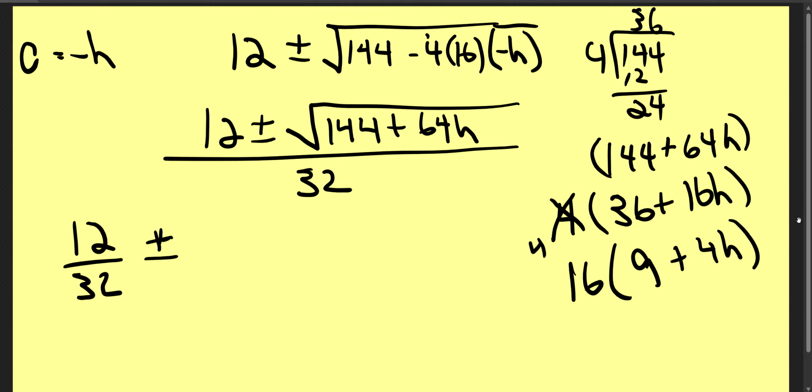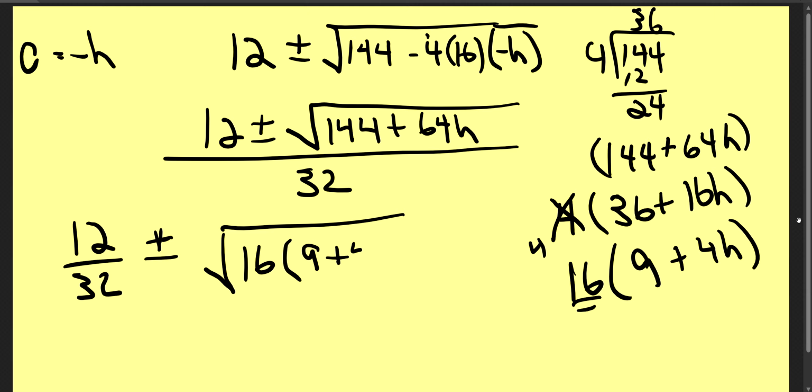Now this is all under the radical sign. Under 144 plus 64h, here it's the square root, and then I'm going to have this 16 that I factored out, and what's left is 9 plus 4h, all over 32.